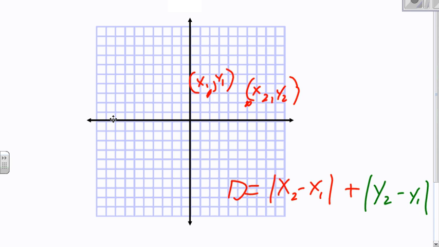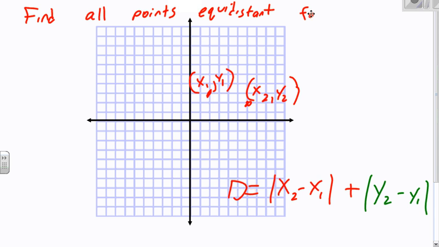So you might see a problem that says, find all the points that are equidistant from some given points.